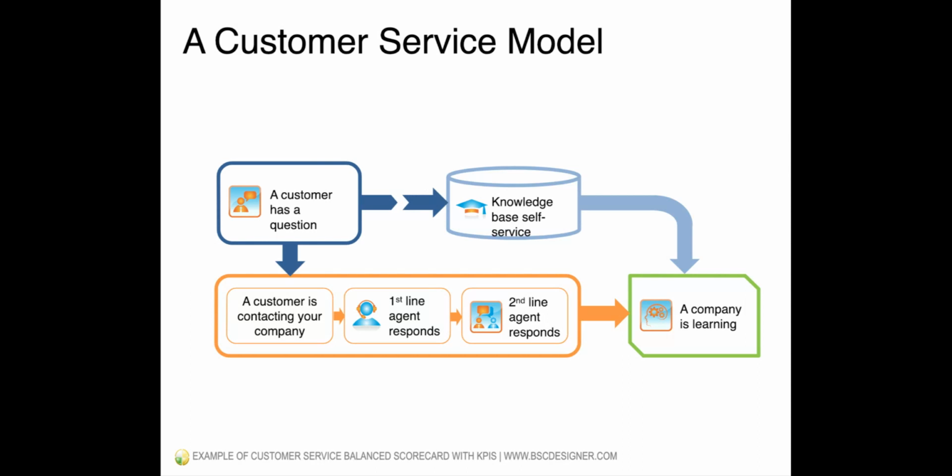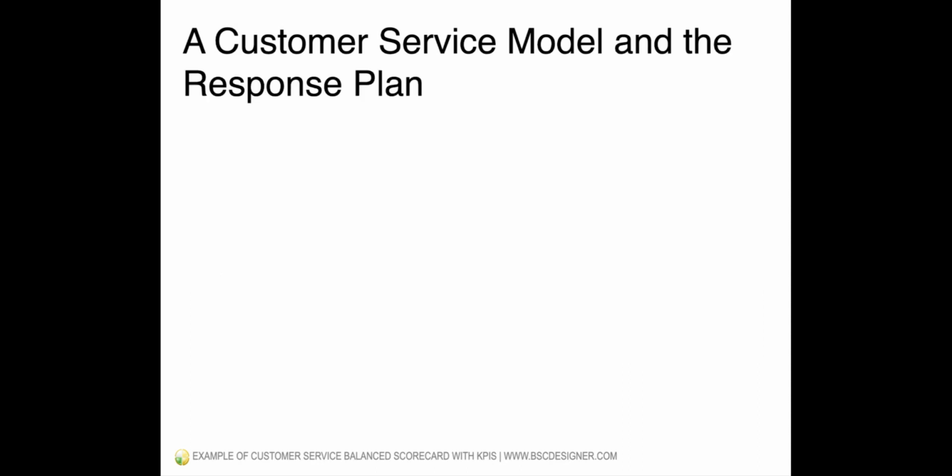So in terms of the customer service model, what will be the response plan to the challenges that you have? Again, let's have a look at this chart. It depends on your organization. I will come up with some challenges and some response plans just for the purpose of this video, not trying to give some universal advice that probably won't work in your case, but they will serve as an example.